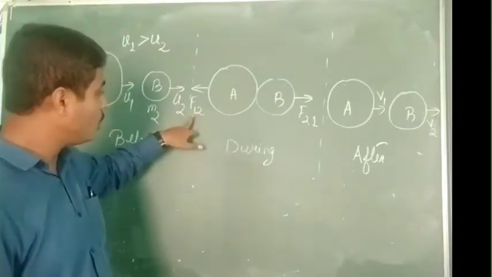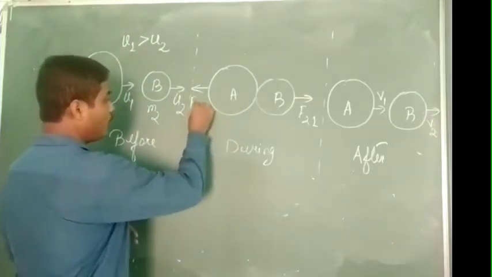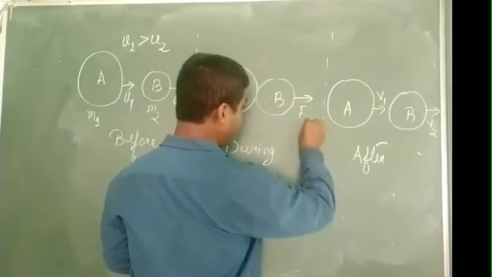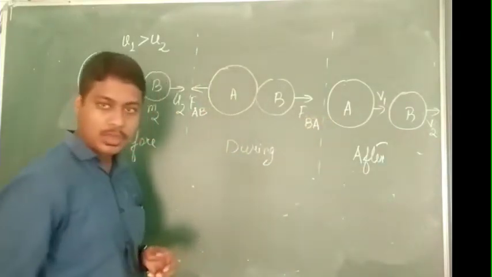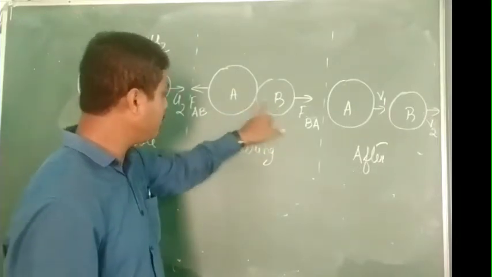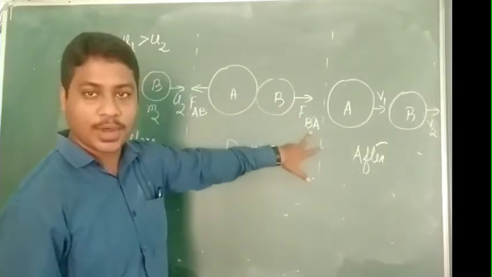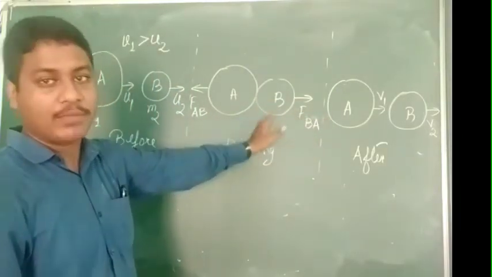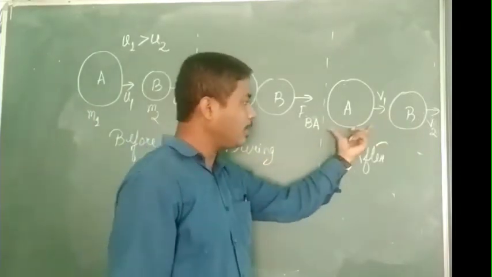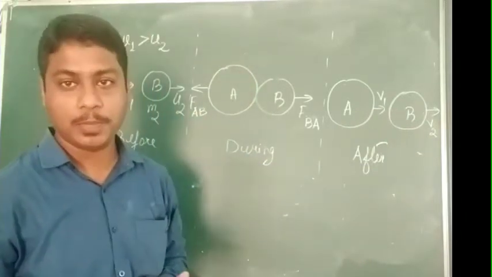Therefore I can write the force applied on A by B and the force applied on B by A. Similarly, after the collision, both objects will move, the first with a velocity of v1 and the other with a velocity of v2.